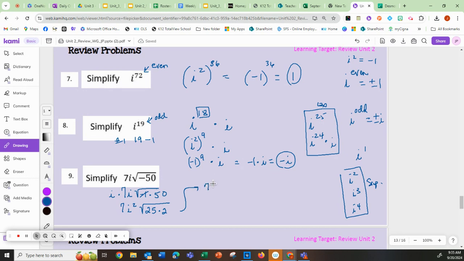I'm going to change my 7i squared into 7 times negative 1. That's going to give me negative 7 times the square root of 25 times 2. 25 is a perfect square, so I'm going to bring out the square root of 25, which is 5. The numbers on the outside always get multiplied together, so I end up with negative 35 square root of 2.